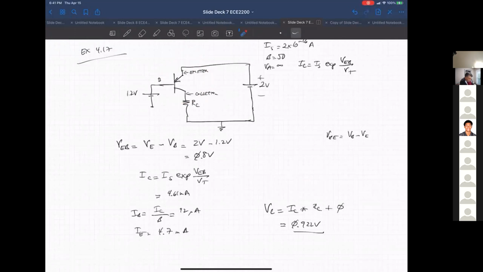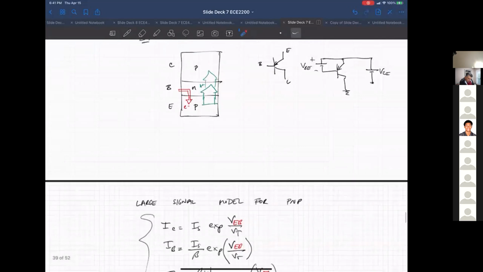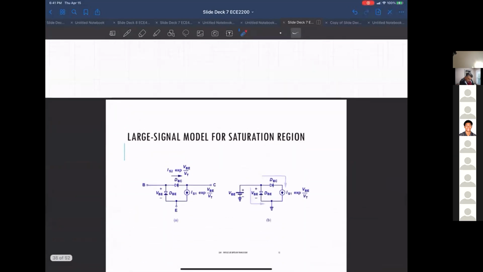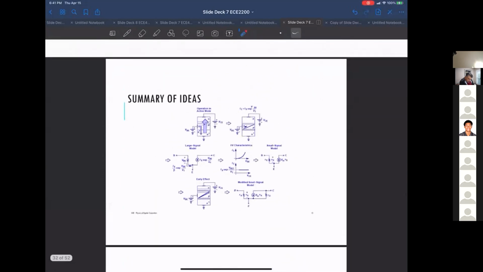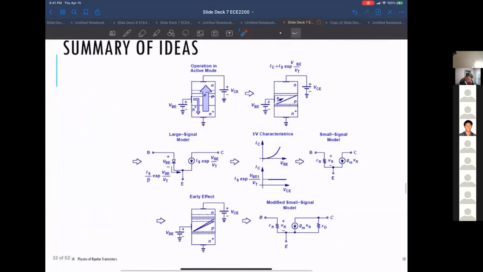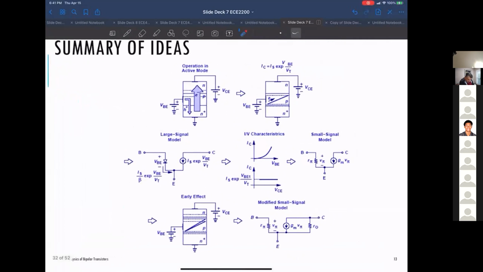So that's all I had to talk about for NPNs and PNPs and bipolar transistors in general. This slide 33 is a nice summary of all the concepts.